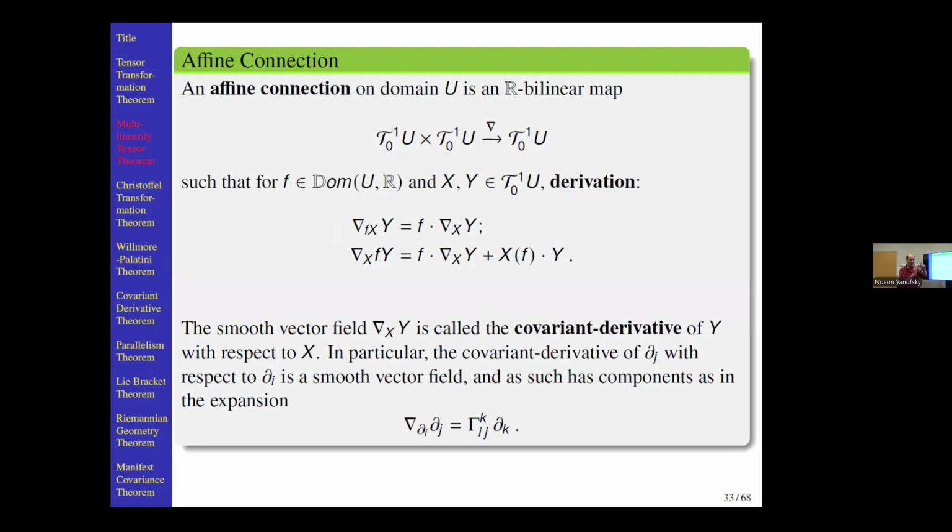That's where I just switched from a Roman T to a curly T because of smoothness. So a connection takes a pair of tangent vectors and gives you another tangent vector. But it's under a certain condition, namely that it's R-linear in both coordinates, but Leibnizian in the second coordinate.